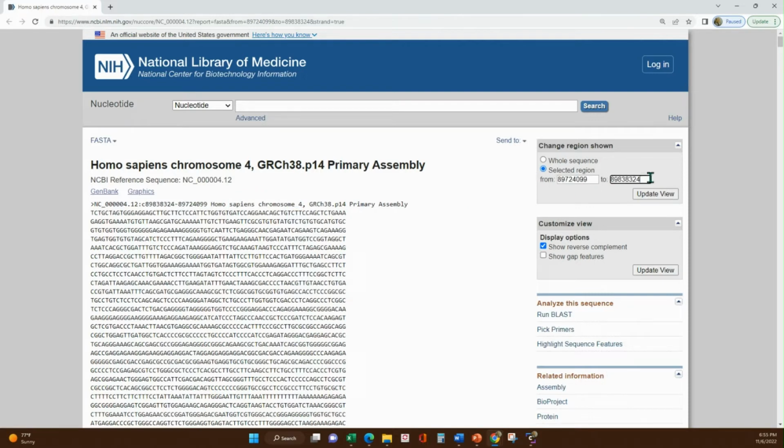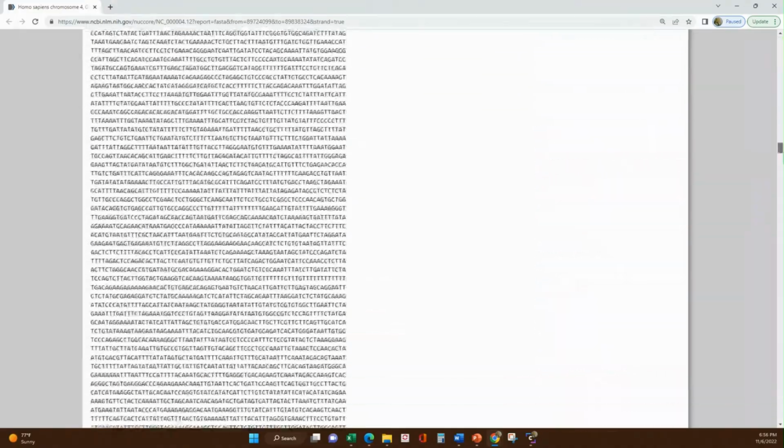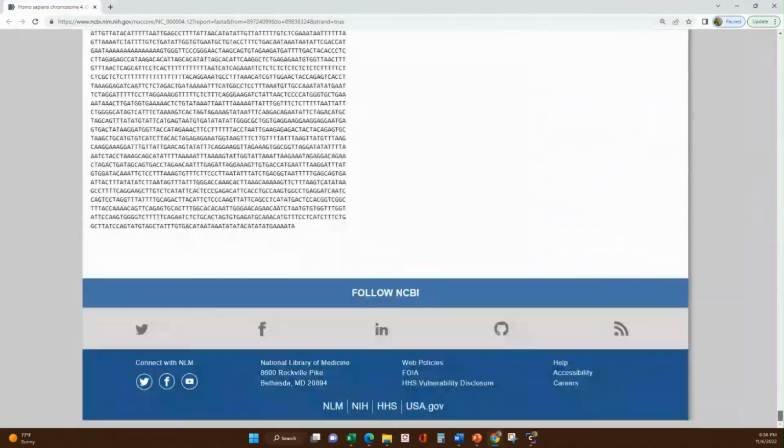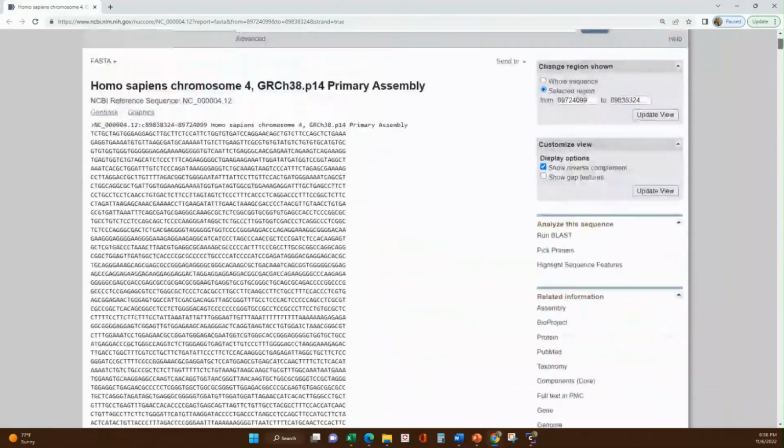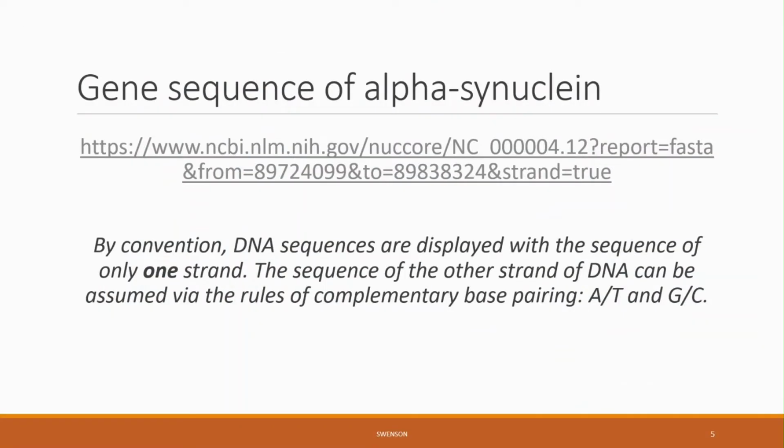Here is the selected region where we find it on chromosome 4, found at roughly the 89 millionth nucleotide. It's quite a long piece of gene here from top to bottom to encode for this one protein.